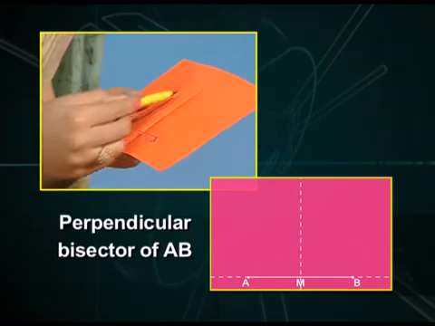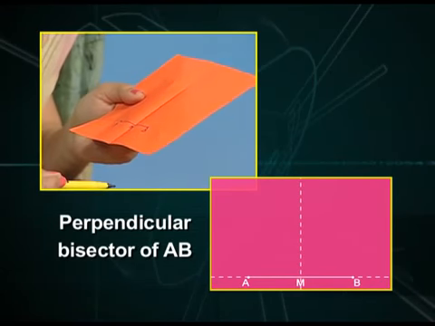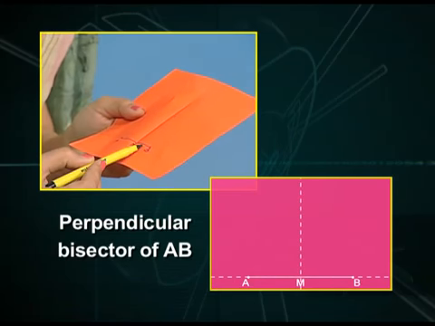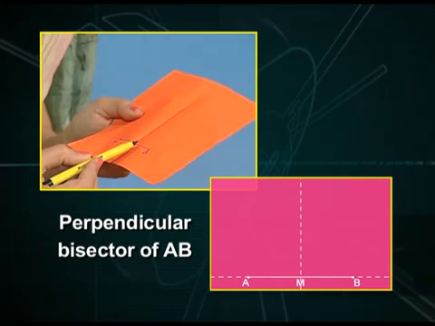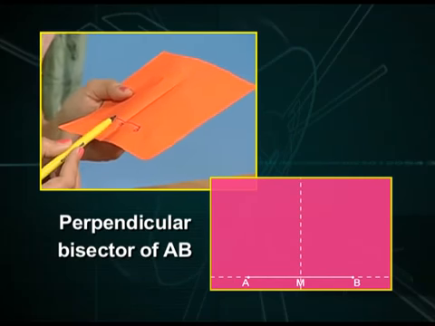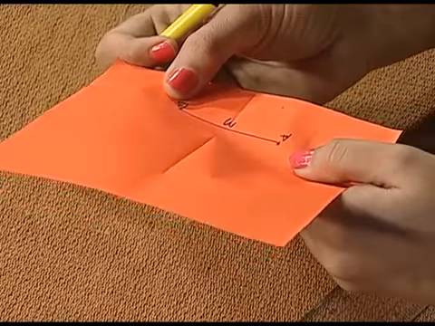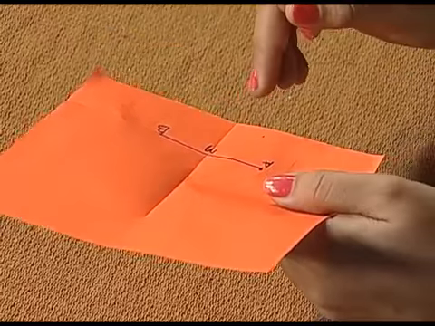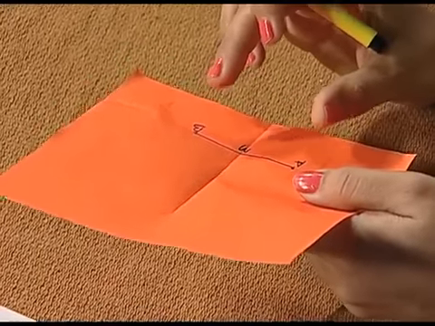What do we call such a line? We call this line as perpendicular bisector of line segment AB. So, till now we have seen that by folding we have taken a line segment, the midpoint of a line segment and the perpendicular bisector of the line segment.